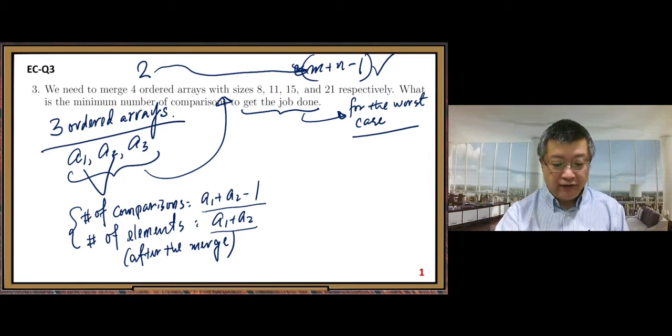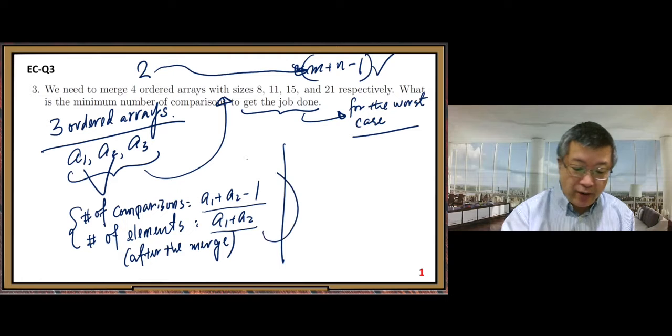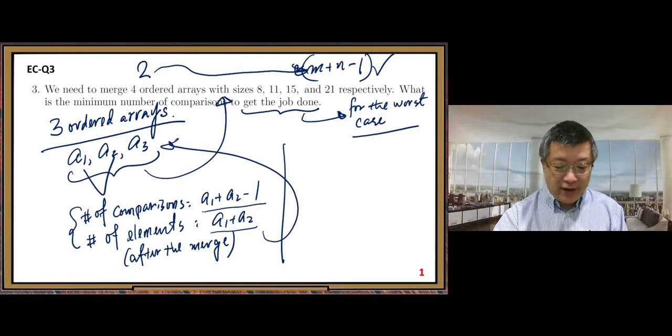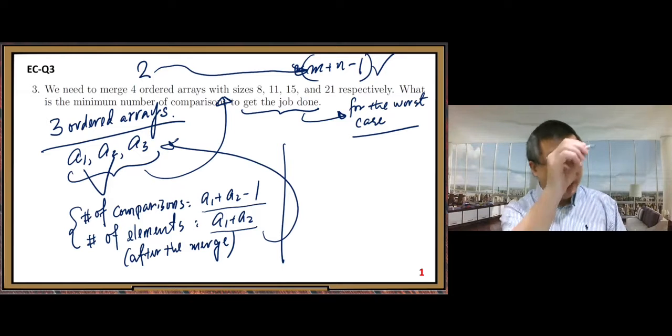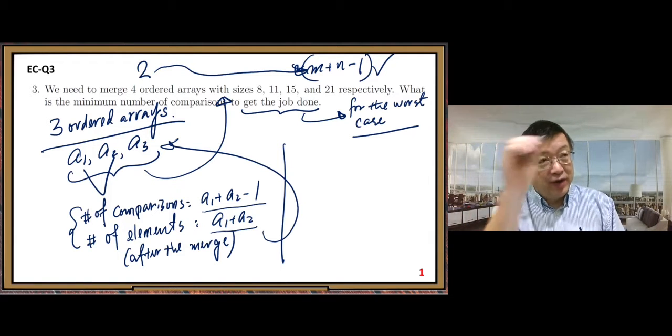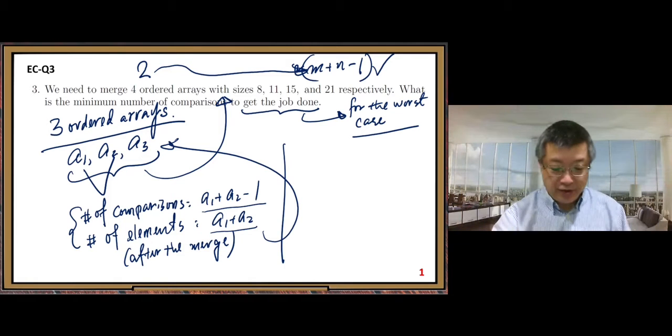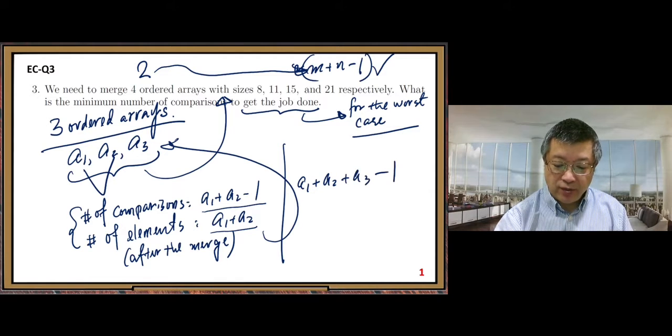All right? The first step. Second step, we merge this array with the third one. Still, these two numbers: number of comparisons for the worst case, and total elements. What are the total elements? A1 plus A2 plus A3, and the comparisons are A1 plus A2 plus A3 minus 1, right?